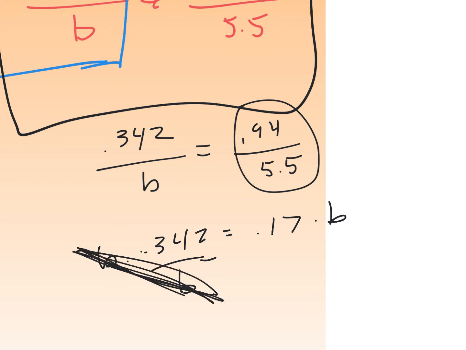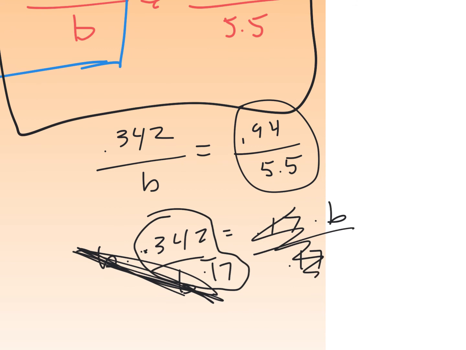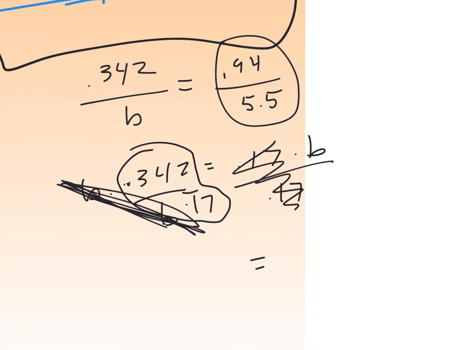And now my 0.342 is going to come into play, and I'm going to divide both sides by the 0.17. I am rounding here, and if you rounded slightly differently, you'll get a slightly different answer. Tyler, do you have the final answer? It'd be 0.342 divided by 0.17. Yes, 2.0. Would you agree that with rounding, that could possibly just be 2?